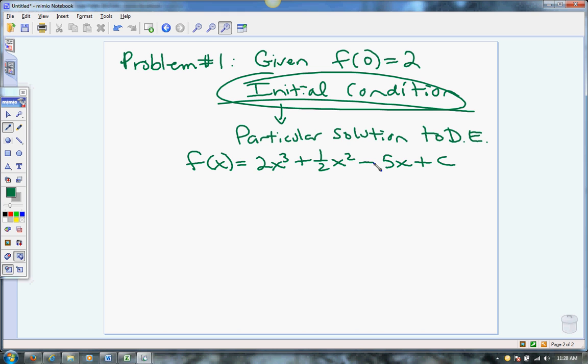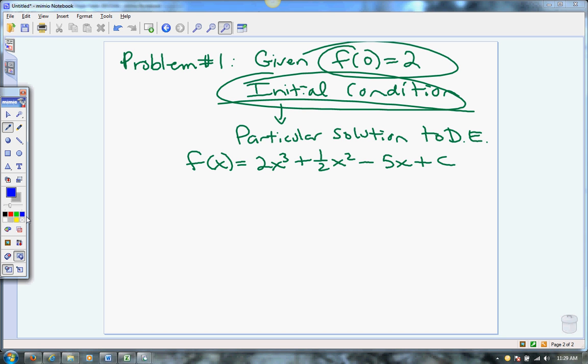All right. Now look what I'm told, though. I'm told that f of 0 equals 2. Doesn't that mean that if I plug in a 0 into the function, I get 2? So let's do that. Let's put this 0 in here, here, and here.